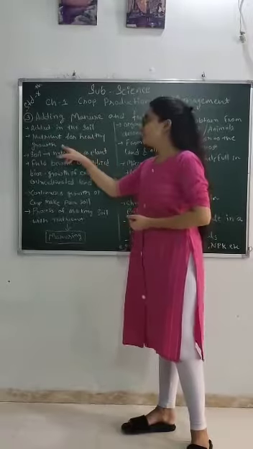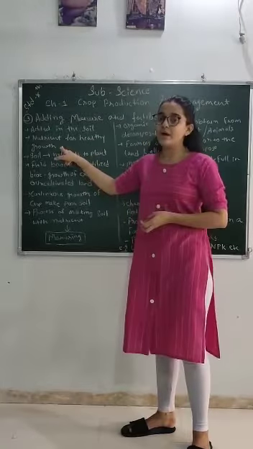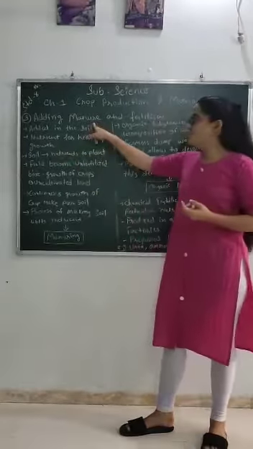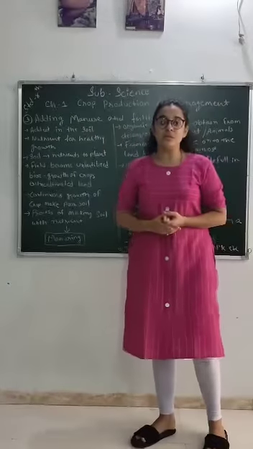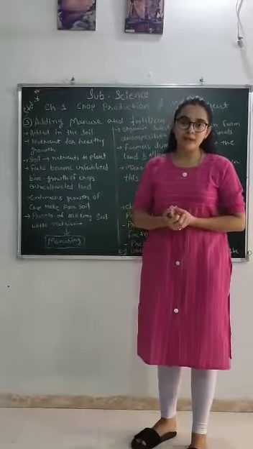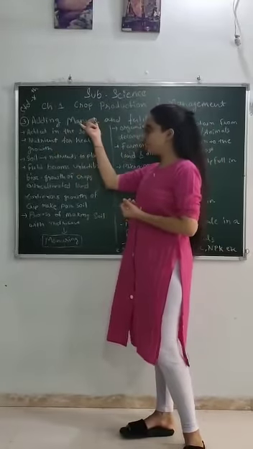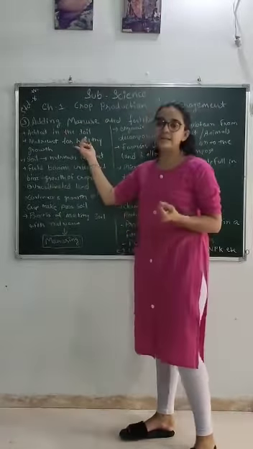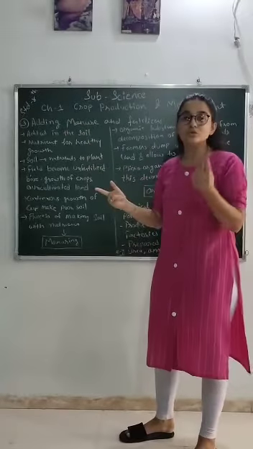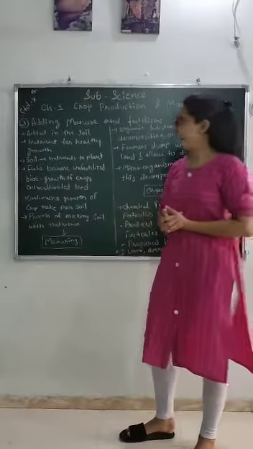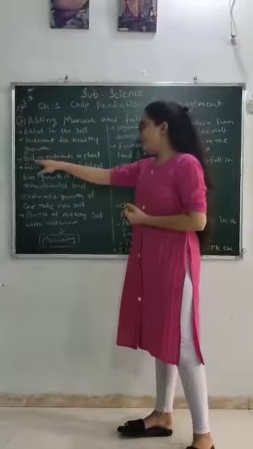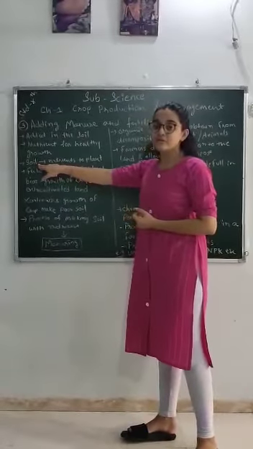Nutrients are needed for healthy growth. Why do we need to add them? Because we know manure contains nutrition for plants. So this nutrition through manure we add into the soil for the growth and healthy development of the plant.